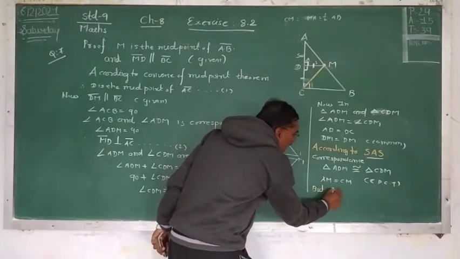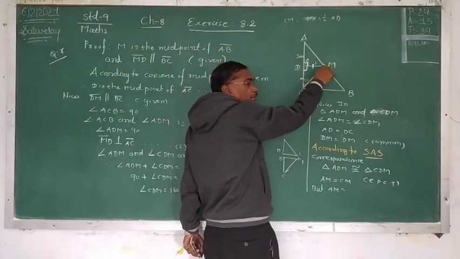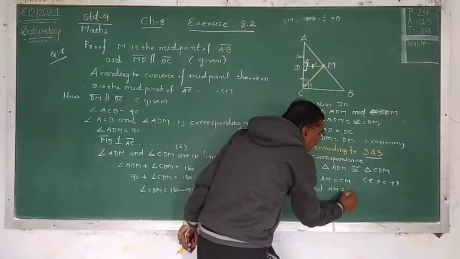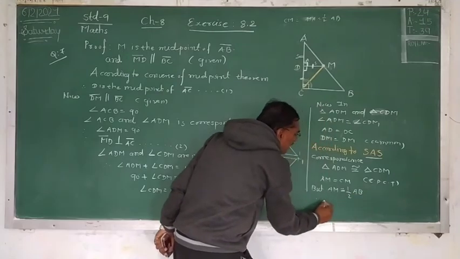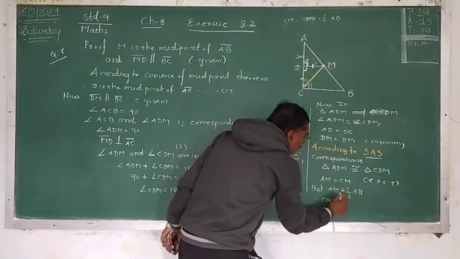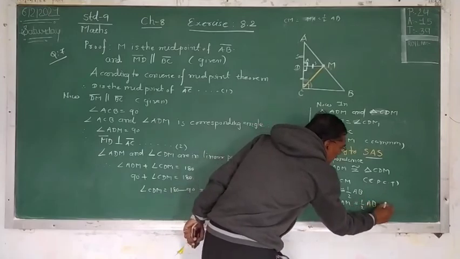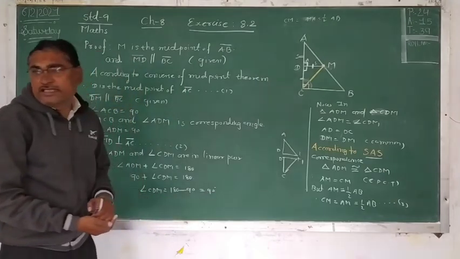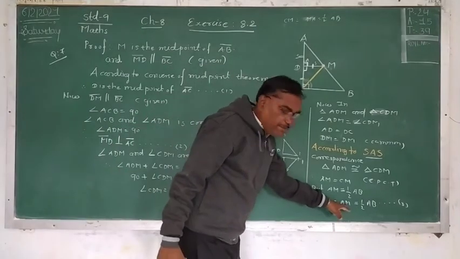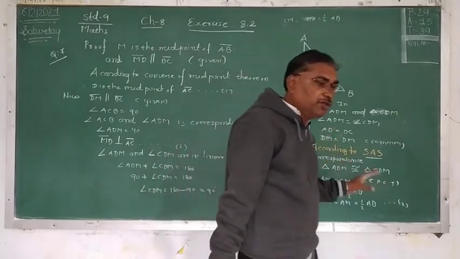We know that M is the midpoint, so AM equal to half of AB. Therefore, we can write CM equal to AM equal to 1 upon 2 AB. Result number 3. In this way we can prove it. In place of AM, MA, both are the same. CM, MC, whatever you can write, both are the same. Write it down in your notebook.